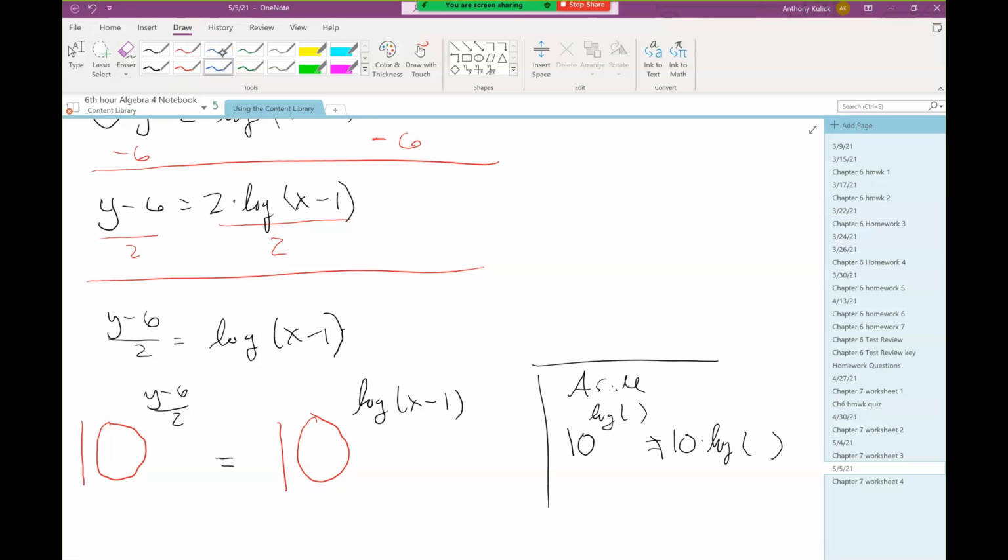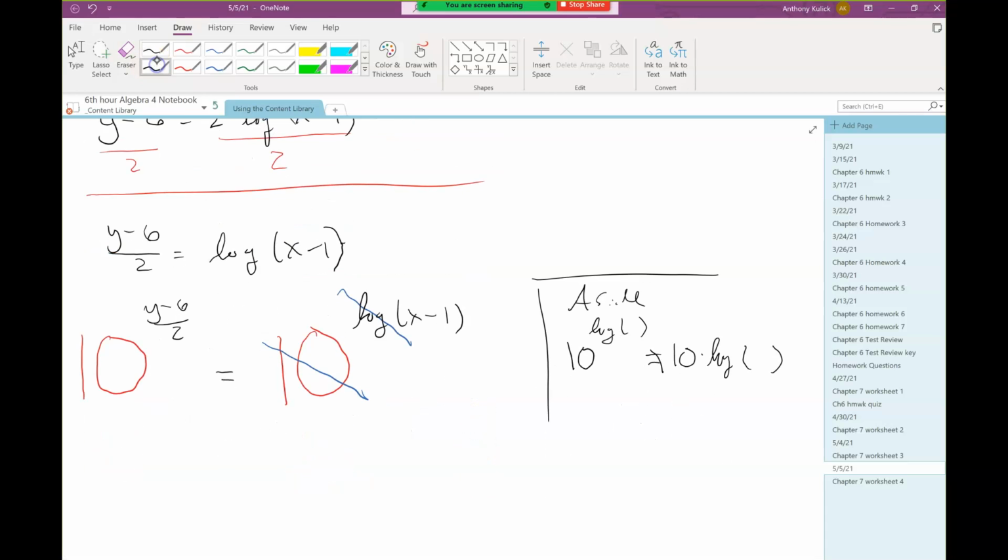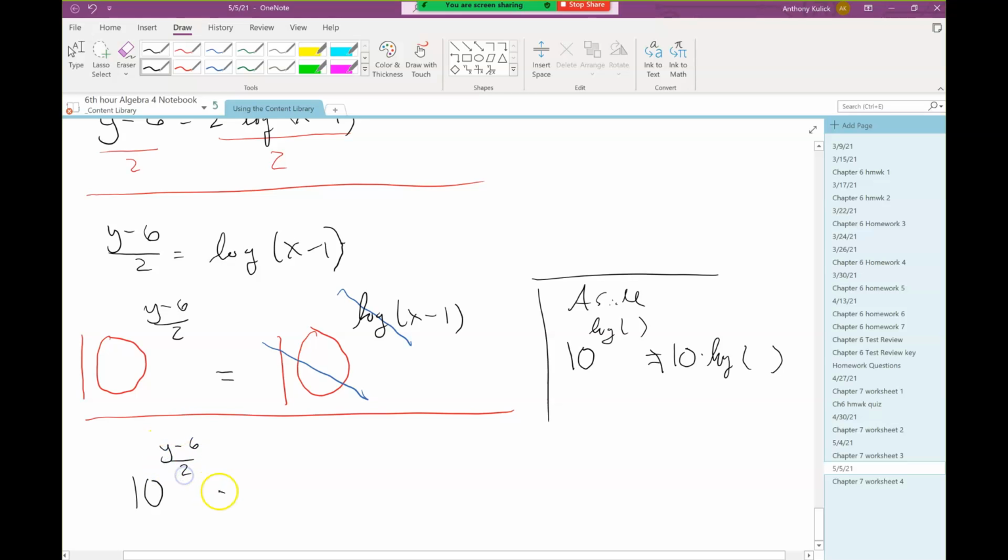But the point of this is, because the bases match, those things can cancel out. And I'm left with just the stuff that was inside the logarithm.